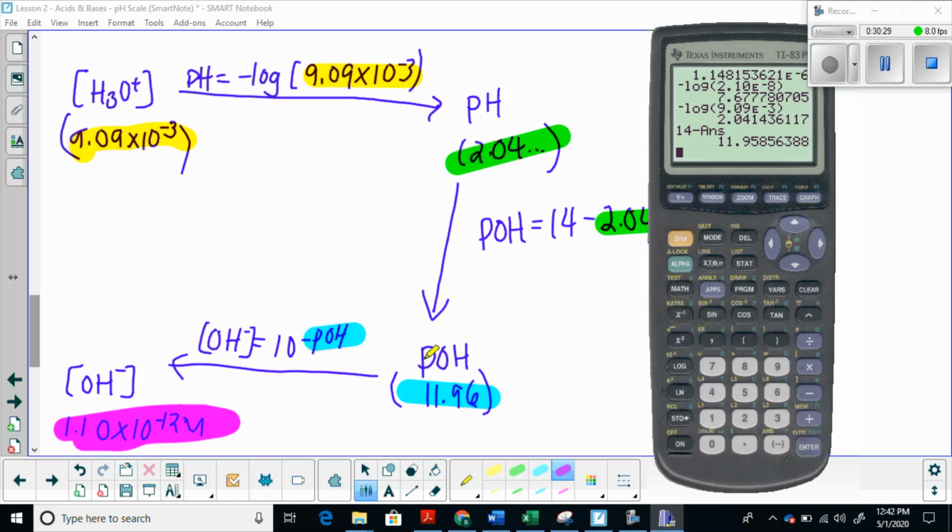Oh, look, there it is, our pOH, 11.958. Then you're going to take that and convert it into your hydroxide. 10 to the power. Now my calculator is old, so I have to go negative, answer, enter. There it is, 1.10 times 10 to the negative 12.